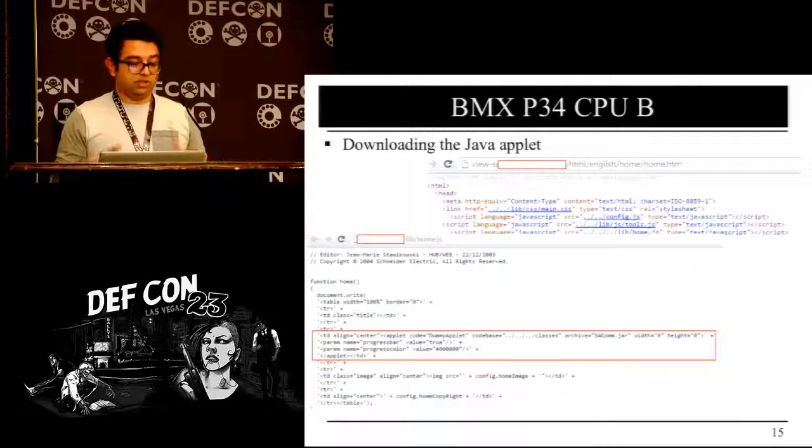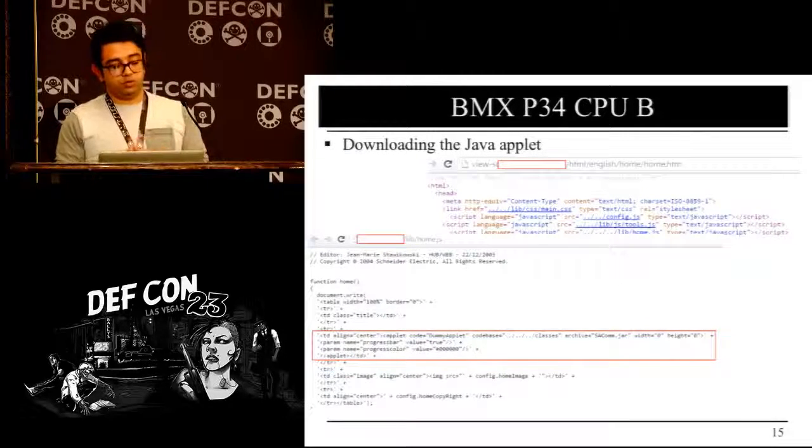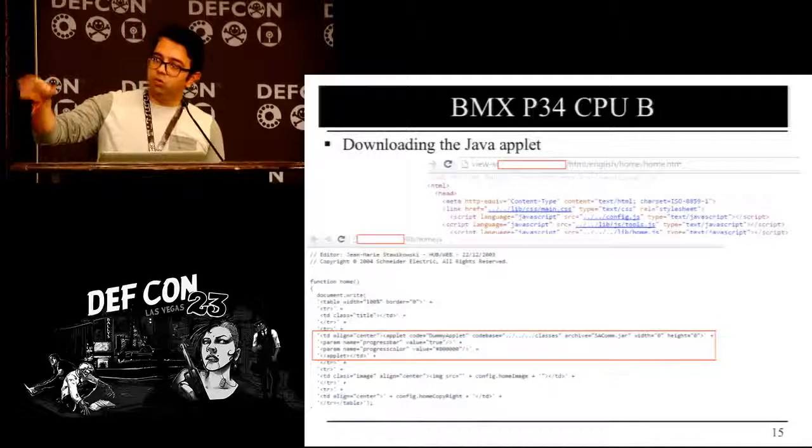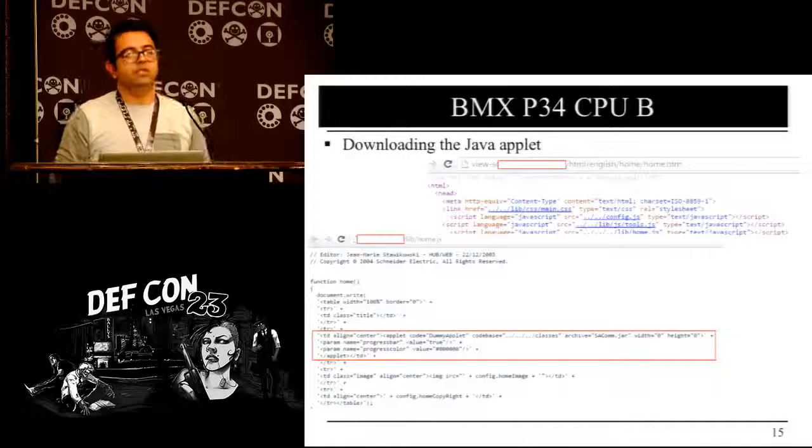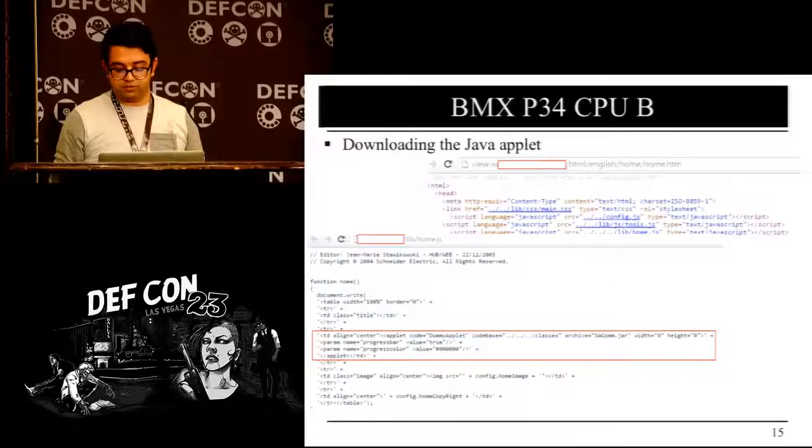When you download this Java applet, you try to look into the source code, where the Java applet has been placed and how you can access it. This slide tells you where the Java applet is placed for that particular web HMI and how you can access it, simply by looking into the source code in the web browser.